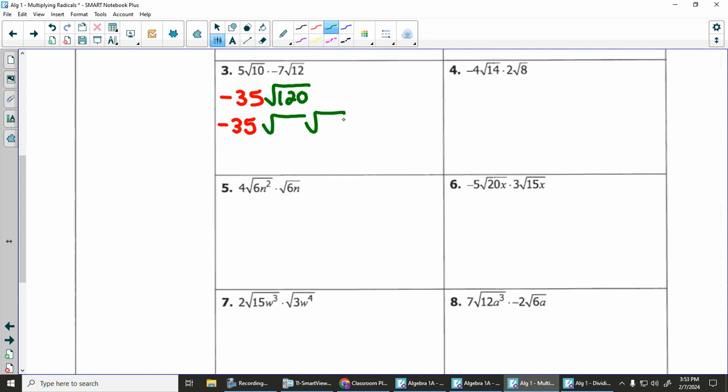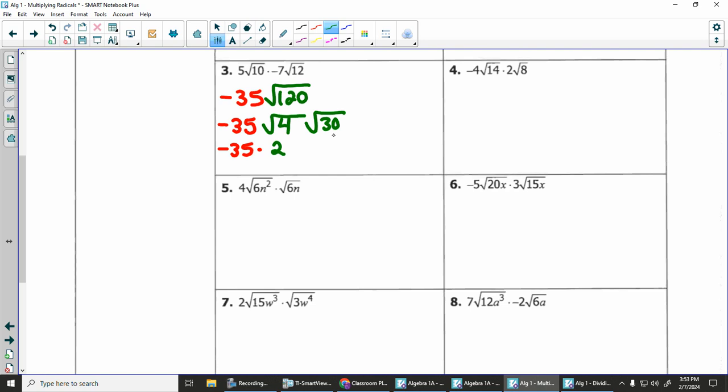So again, take a minute, stop and think. Biggest perfect square that would go into 120 would be 4. And it goes in 30 times. So now remember, we have this negative 35 in front. That is really times the square root of 4, which is 2.